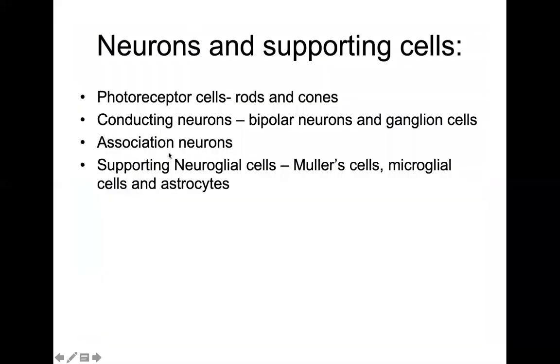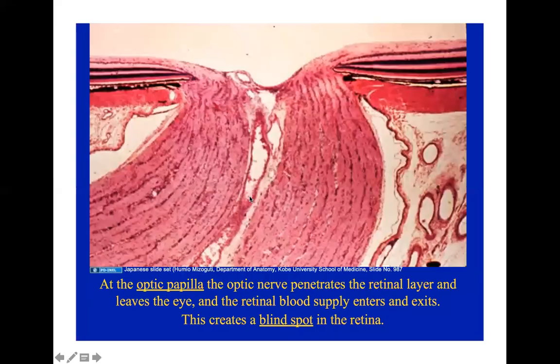These are the neurons and supporting cells of the eyes. You have the photoreceptors, your conducting neurons, the bipolar and ganglion cells, your association neurons that link one structure to another, and your supporting neuroglial cells: the Mullers, the microglia, and your astrocytes.